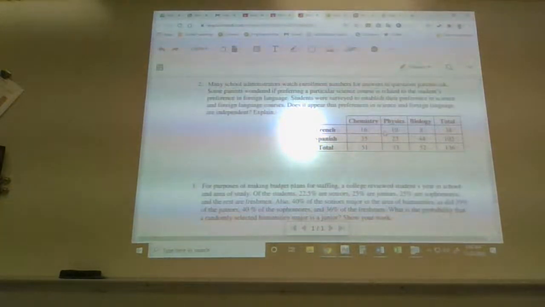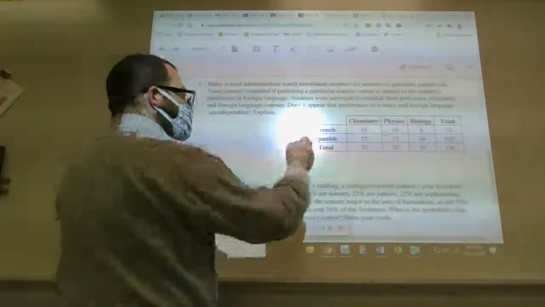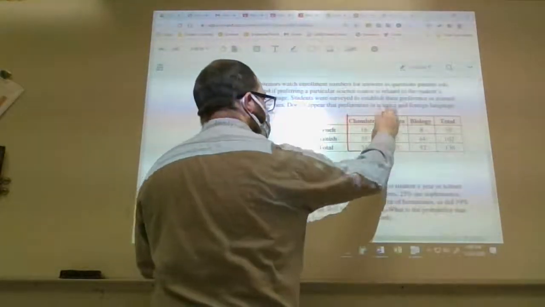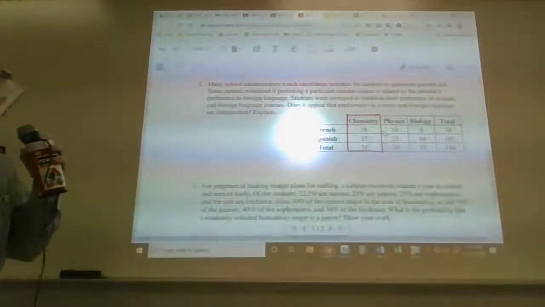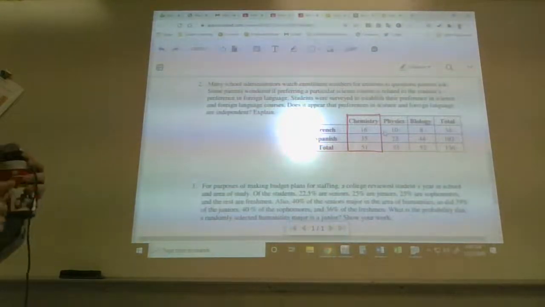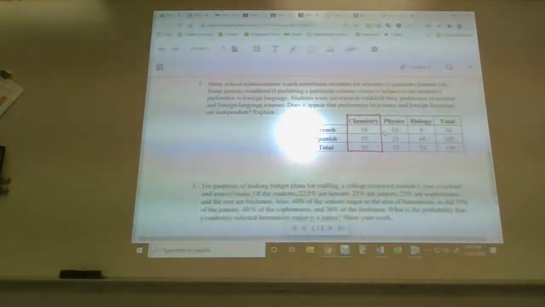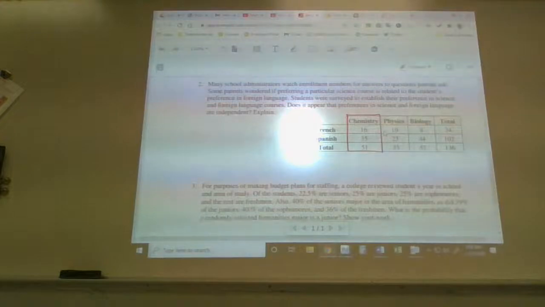If you want to figure that out by just looking at the table, you take the given event, in this case chemistry, and you section off that information. Given that you are only looking at 51 chemistry students, the chances that they are taking French are 16 out of the 51 students. That's how we handle a given probability, a conditional probability.